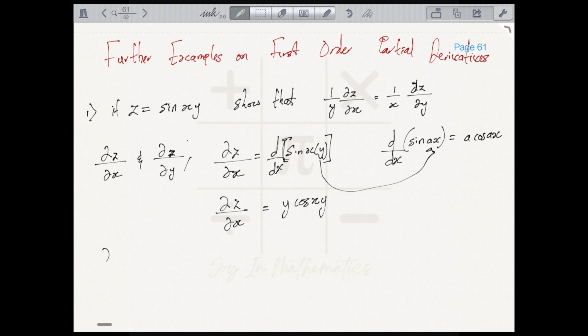And our partial derivative with respect to y will be the differentiation partially with respect to y of sine xy, where our x is kept constant.